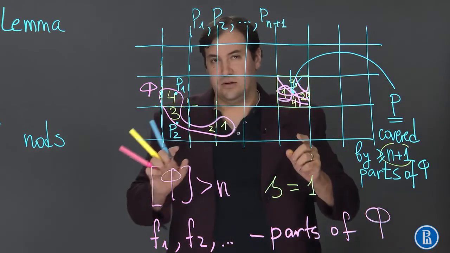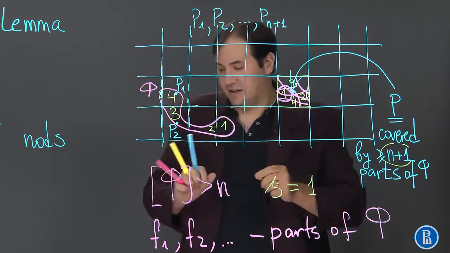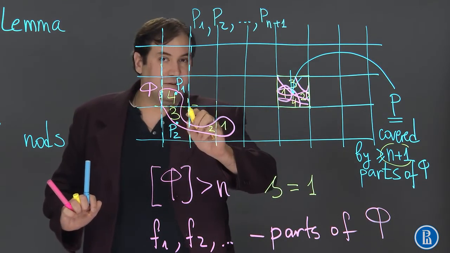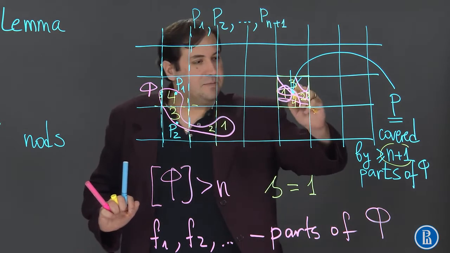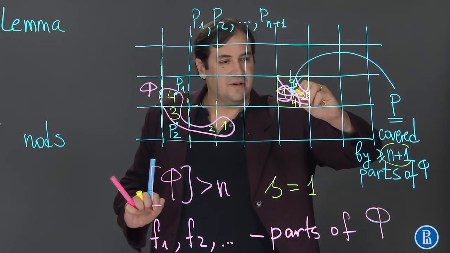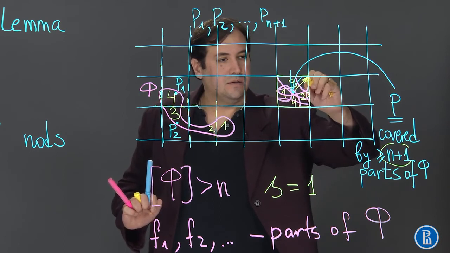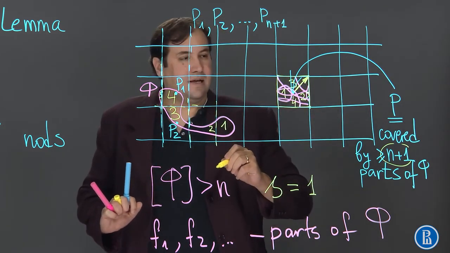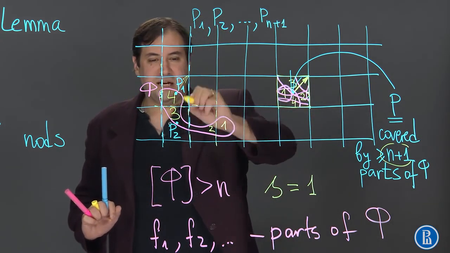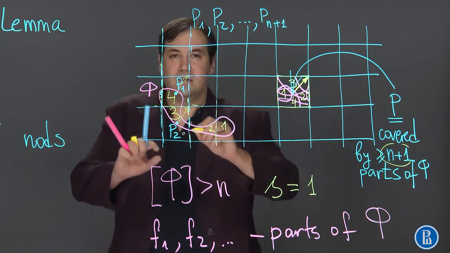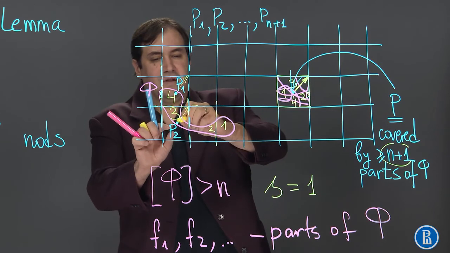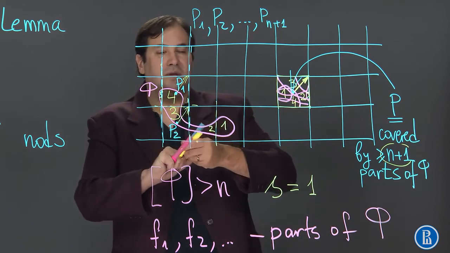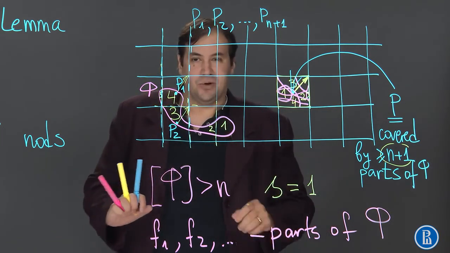And the main thing is that all these points here correspond to the same point in this square. Do you know what this means? This means that if we shift our figure by a vector that connects this point P and one of the vertices of this square, then by shifting our figure by this vector, it will cover n plus 1 integer points.